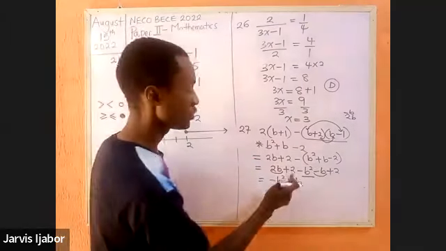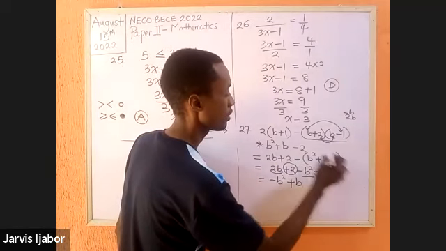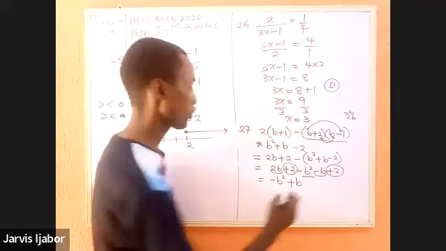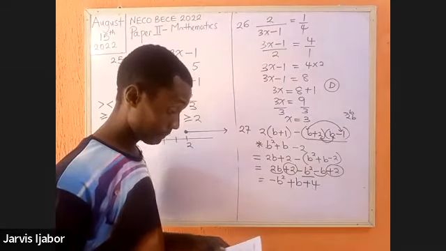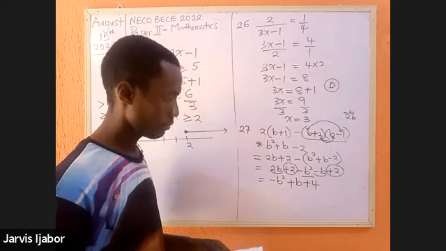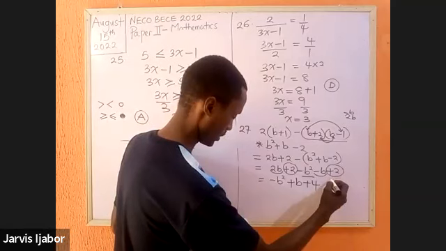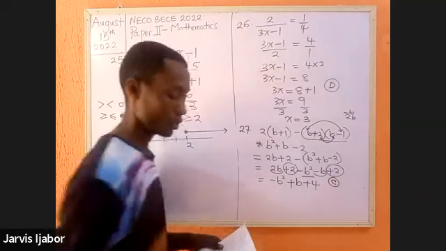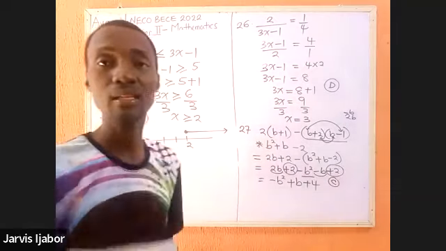I look at the constants: 2 plus 2 will be plus 4. So my answer will be negative b squared plus b plus 4. So that option will obviously be C. That takes care of question number 27.